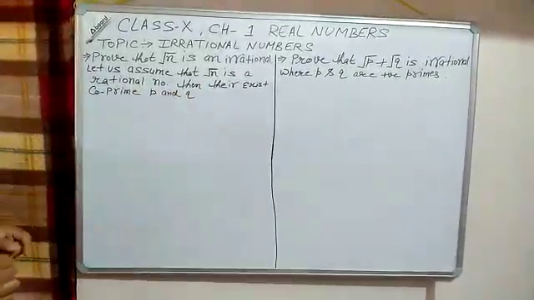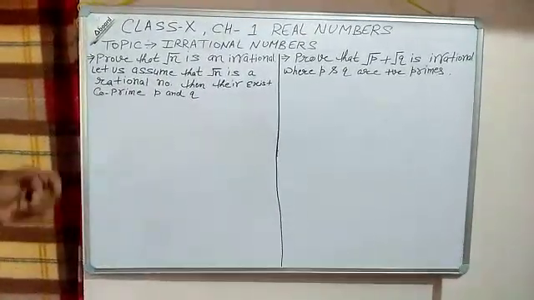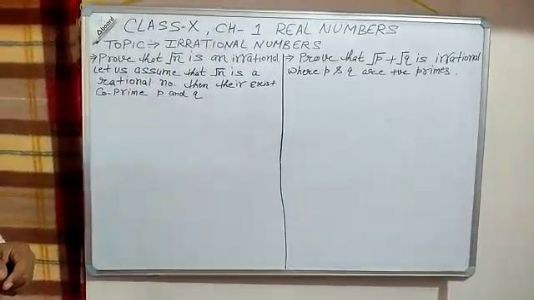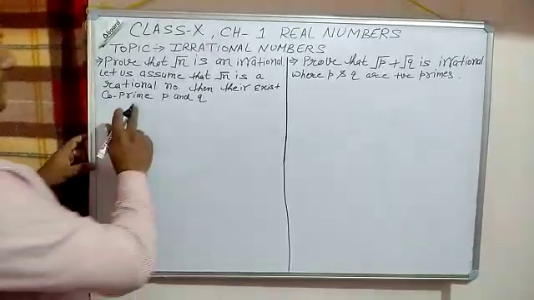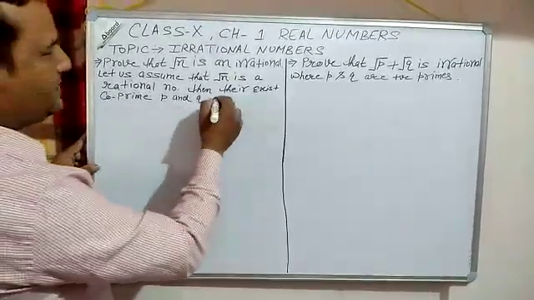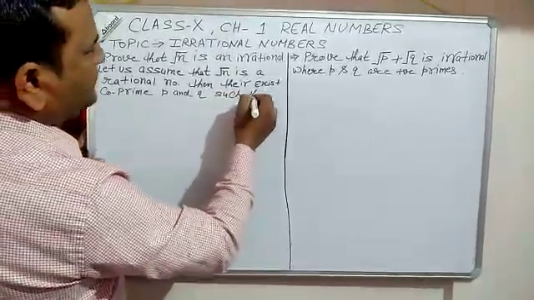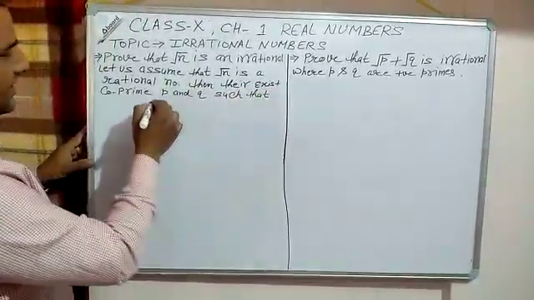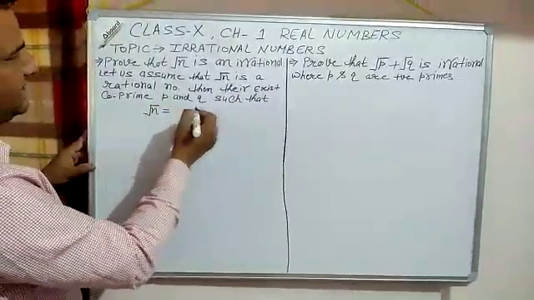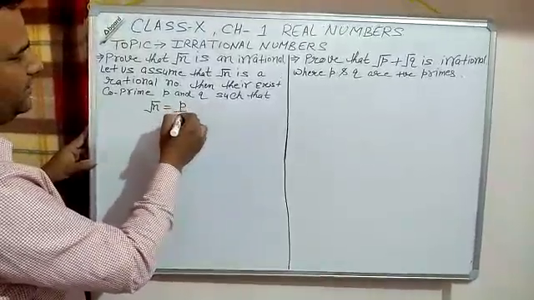All of you know about co-prime: co-prime means where your HCF is 1. Co-prime p and q such that root n is equal to p upon q.